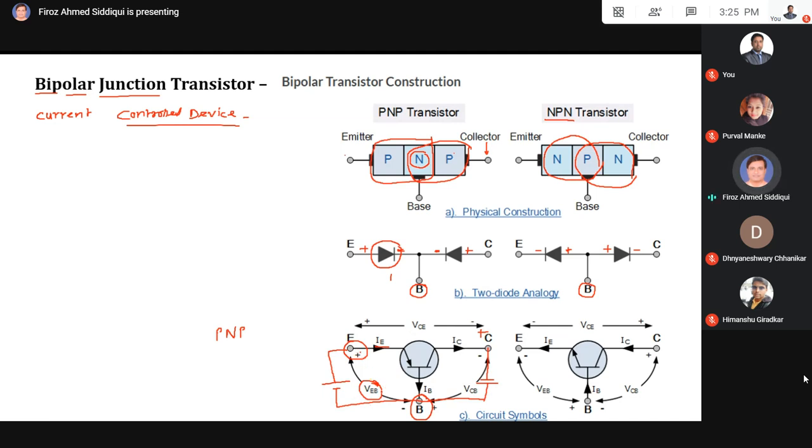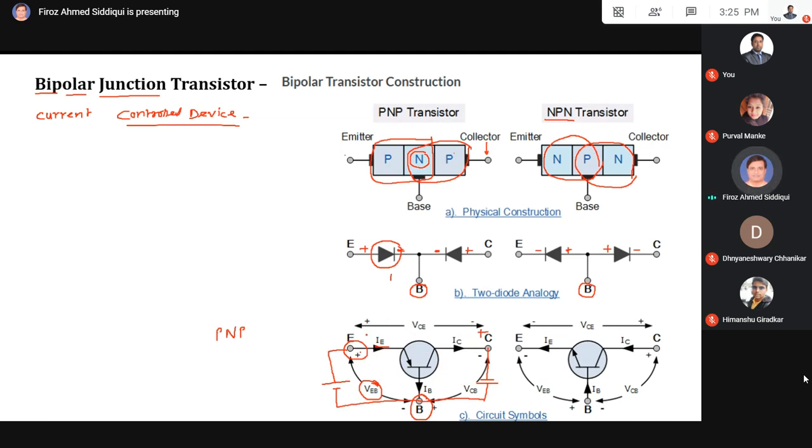Similarly, the voltage between collector and base is VCB, the current flowing through the collector terminal is IC, and the current flowing through the base terminal is IB.